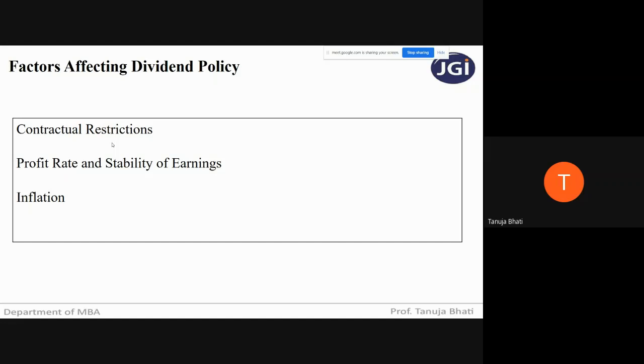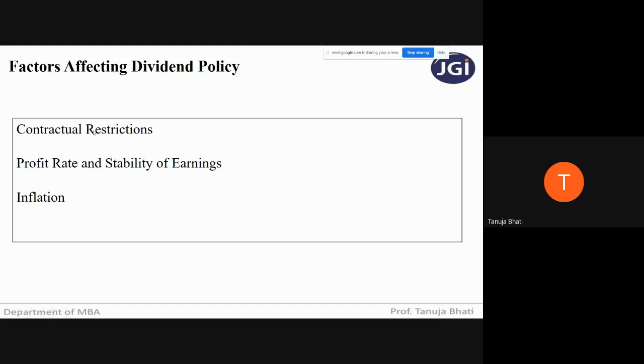This is done in order to protect their interest when the firm is experiencing low liquidity and profitability. See, it is not possible every time to give dividend to the shareholders. Suppose the company is making lower profits, then what will happen? Dividend will not be paid to the shareholders. So there will be contractual restrictions stating that the dividend will be shared with the shareholders only when there is profit, or only when there is excess profit.